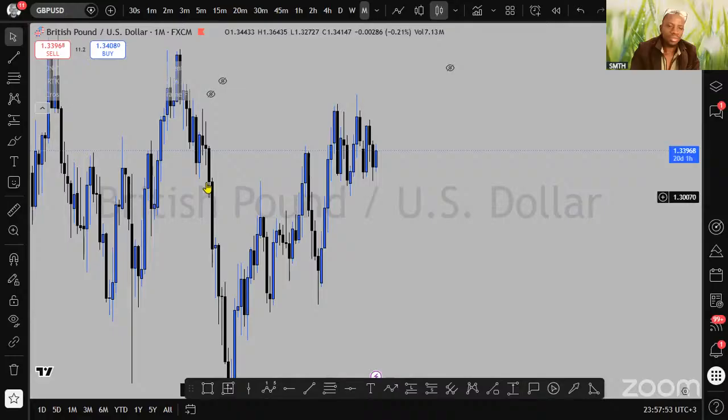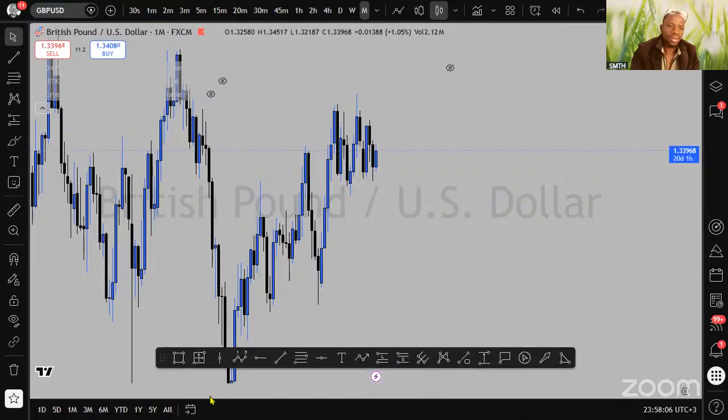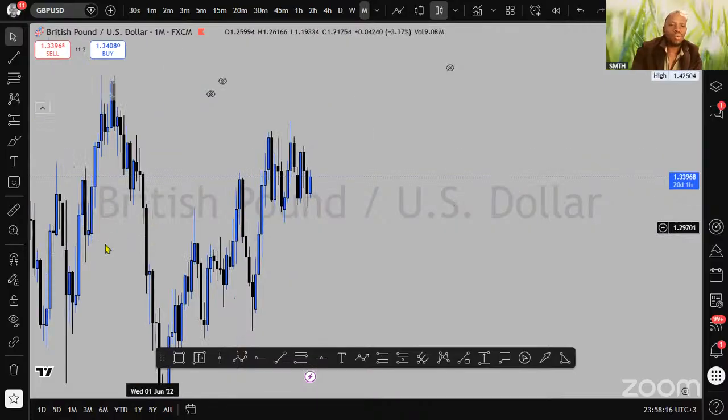You can actually see that this candle was formed here. What date? Let me see. Wait, why is my thing not moving? This one was formed May 2022. So hatutaki kwenda further huku mbali sana.